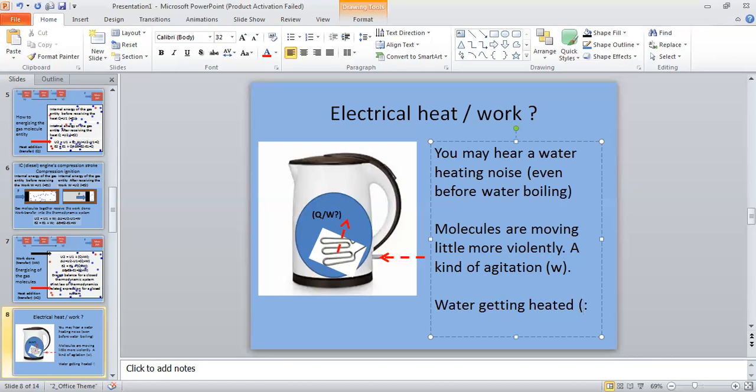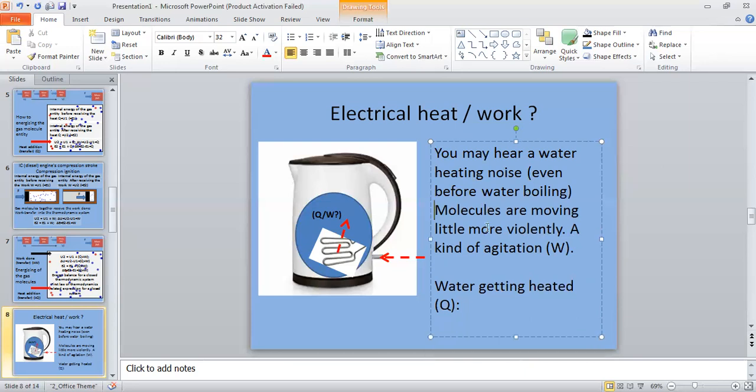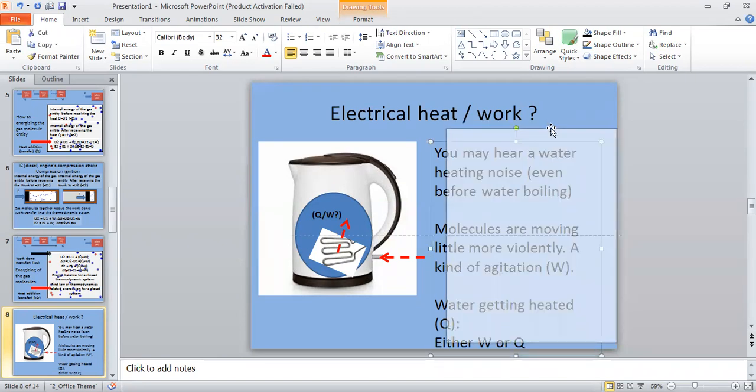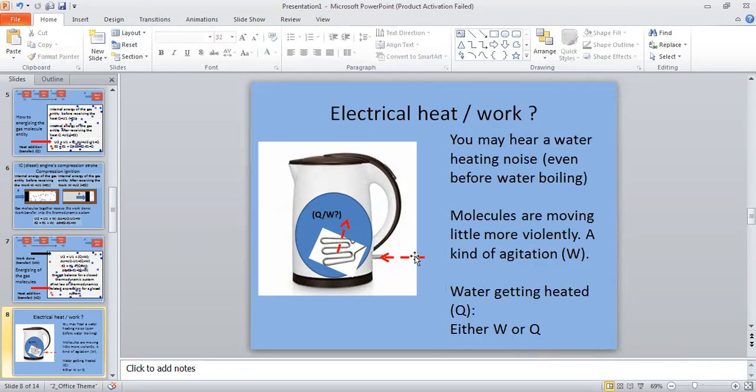This is Q. But don't say different W and different Q. You can consider this as either W or Q. Anything is okay. So your electrical energy comes here.